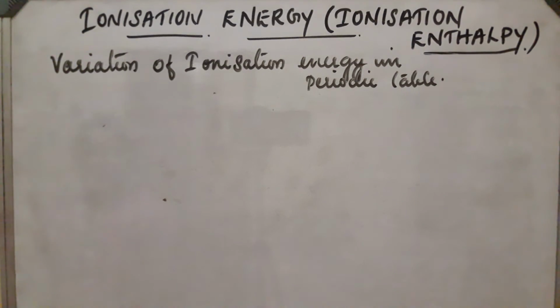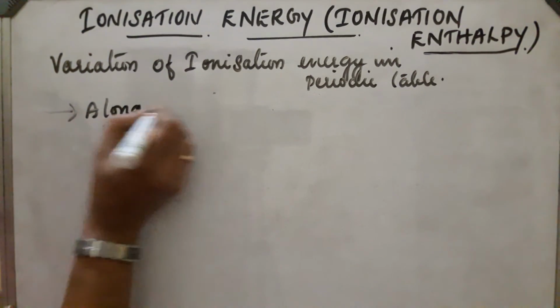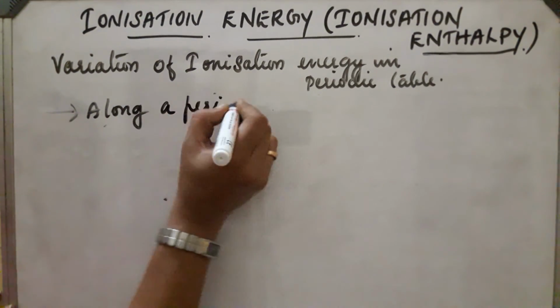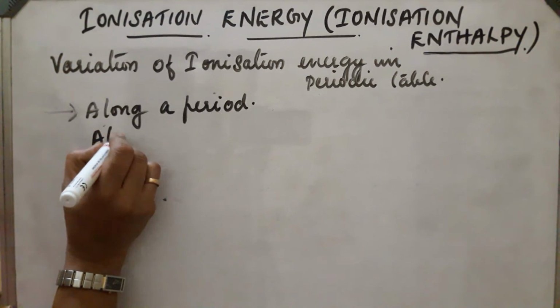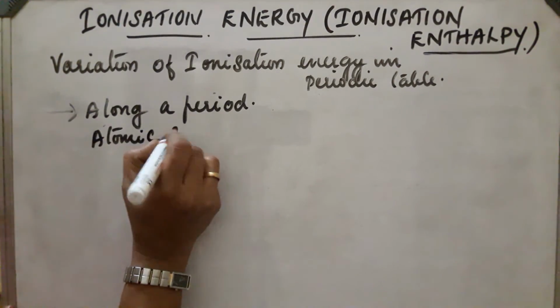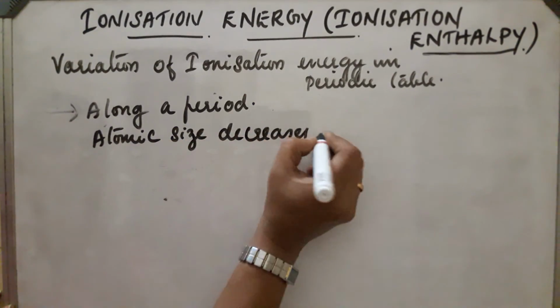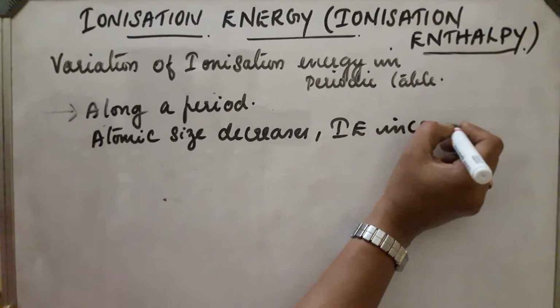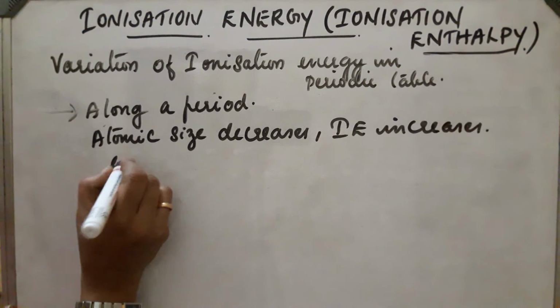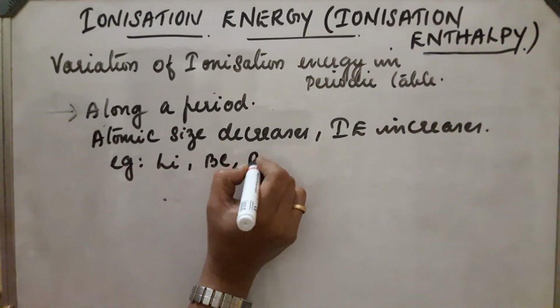Variation of ionization energy in the periodic table along a period. In a period from left to right, atomic size decreases, so ionization energy increases. For example, lithium, beryllium, boron.